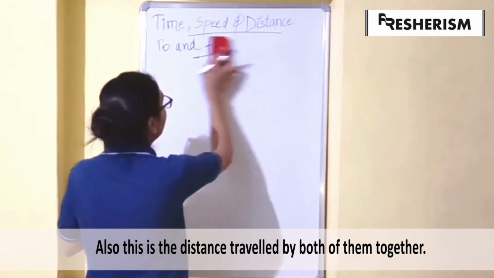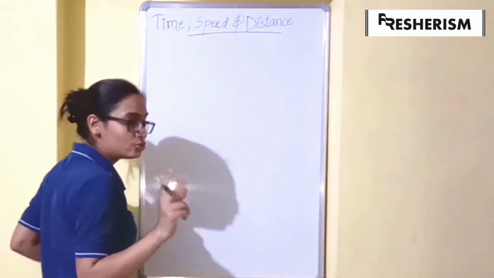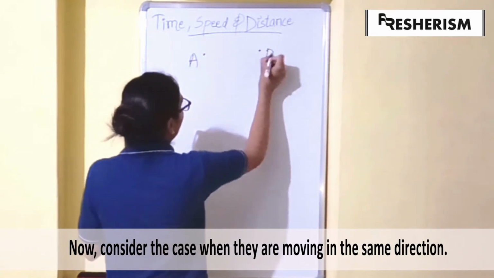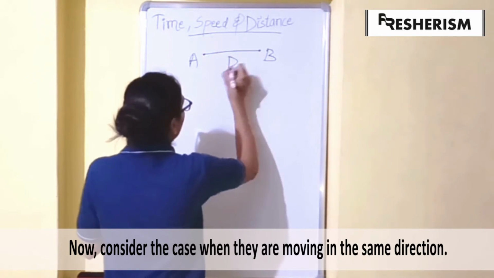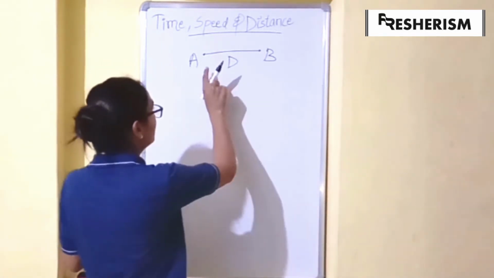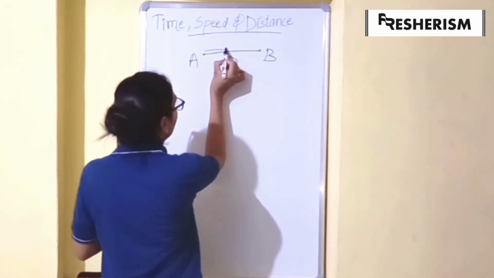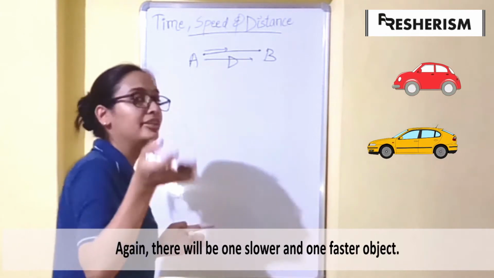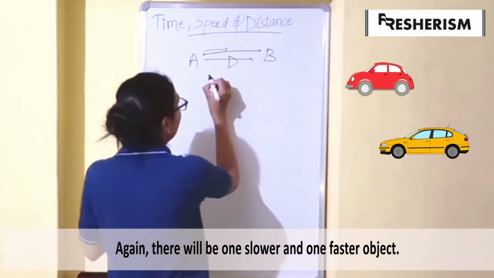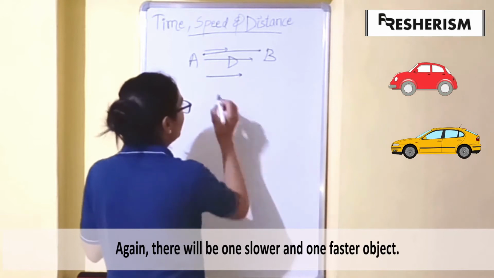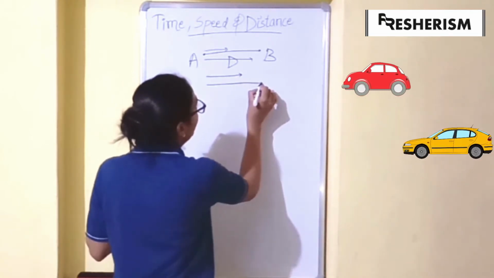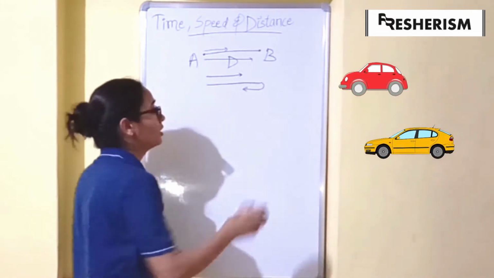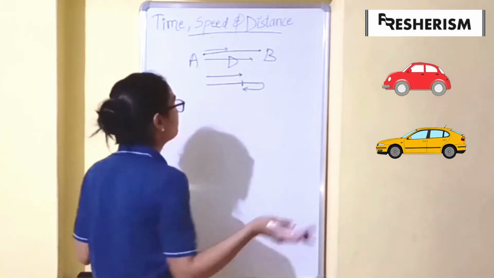Now the next thing is when these two objects are moving in the same direction. Let us say this is point A, this is point B, and the distance between them is d. So if the two objects are moving in the same direction, then there will be a faster body and a slower body. They will meet like, say, this body travelled up to here, the other body travelled up to here, and it just started again back to A. So this will be the point where they will meet.